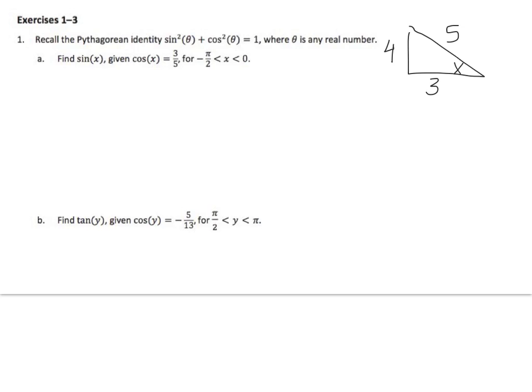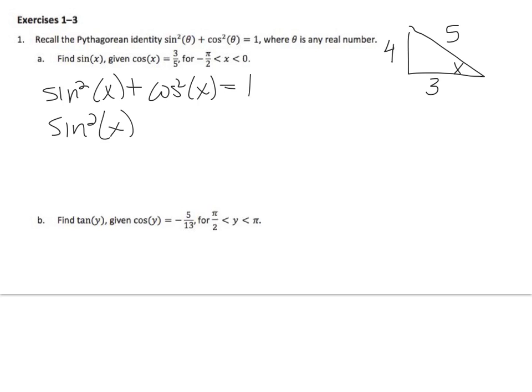So our Pythagorean identity says sine squared x plus cosine squared x equals 1. So plug it in. Sine squared x plus 3/5 squared equals 1.